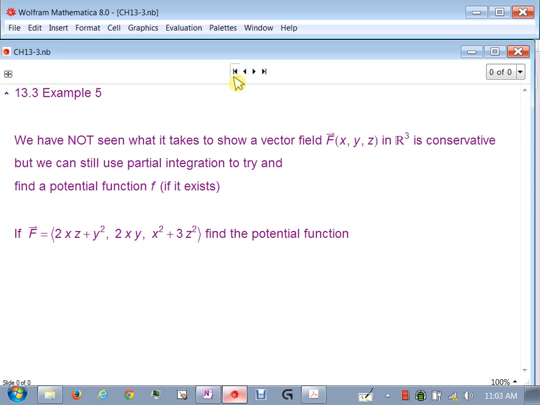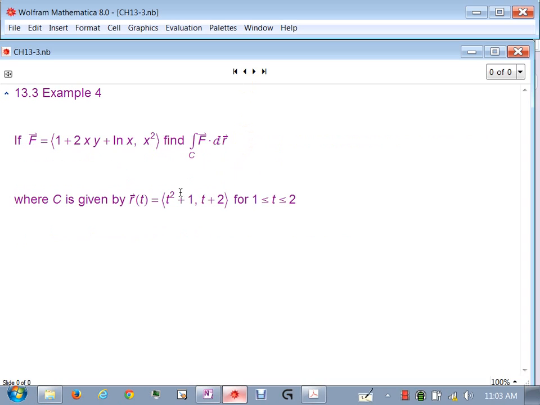So if you recall last time, we were trying to do these line integrals on these vector fields, and we were looking at the fundamental theorem of line integrals that said that if our vector field was a conservative vector field, in other words, it was the gradient of some scalar function little f, that we could apply the fundamental theorem to it.